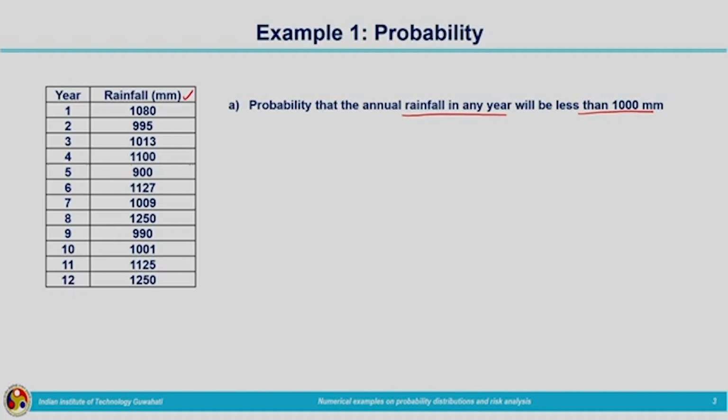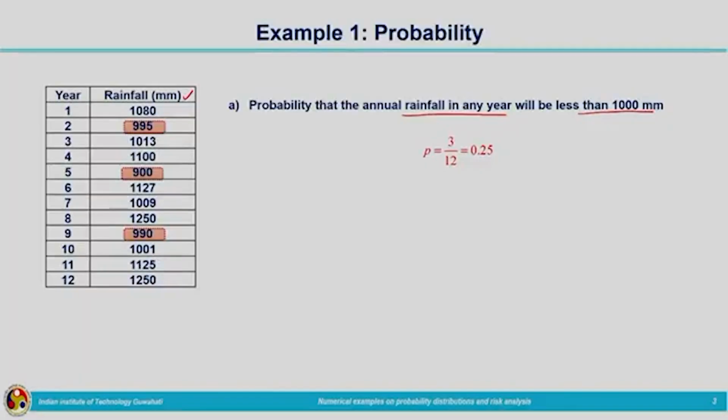Corresponding to the second year it is 995, the fifth year it is 900, and the 9th year 990. These are the three events which satisfy the condition. So, m is 3 and n is 12. Using the formula P equal to m by n, 3 by 12, that can be calculated as 0.25.